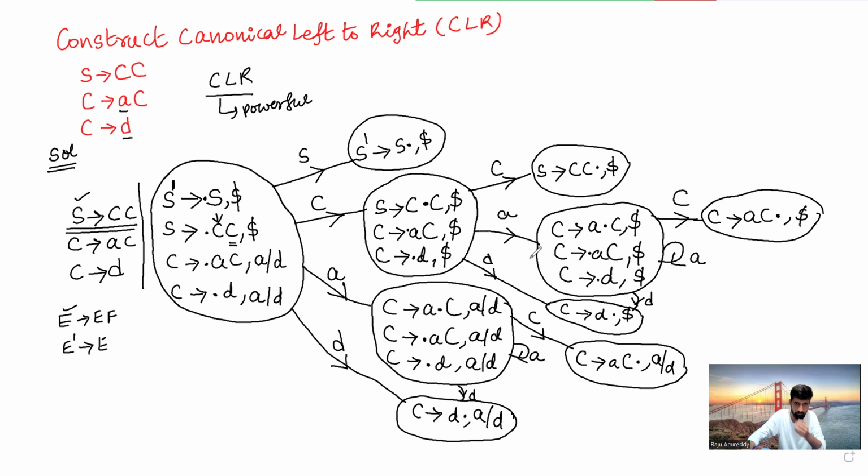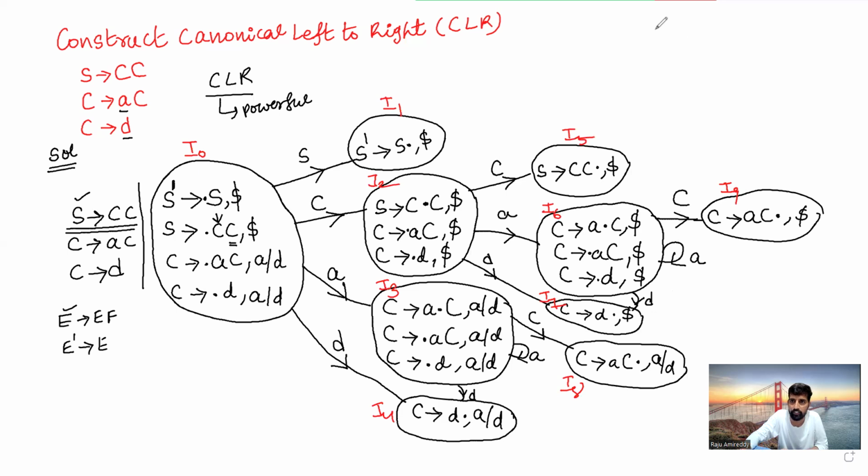Now after completion of this, just to give the numbering to all the values, let me take this as I0, I1, I2, I3, I4, I5, I6, I7, I8. So finally, this is the I9. So total number of productions, we have 0 to 9.